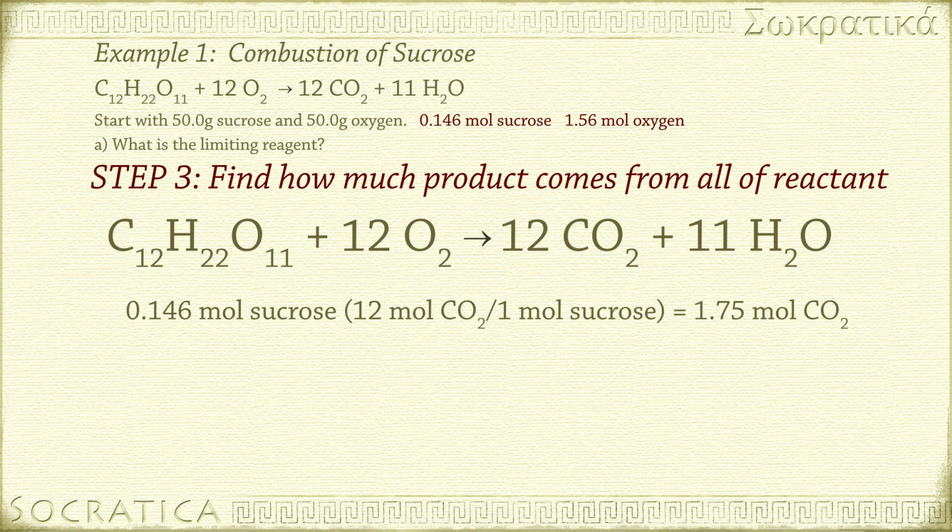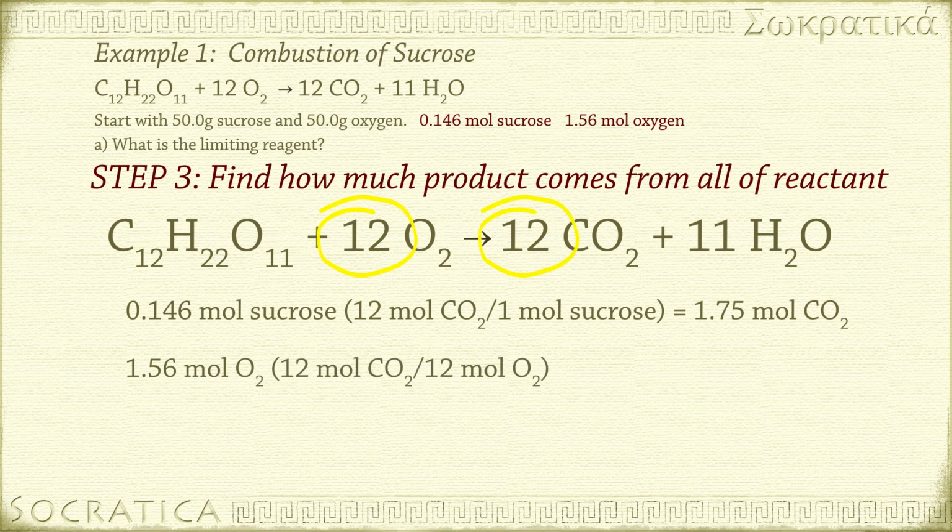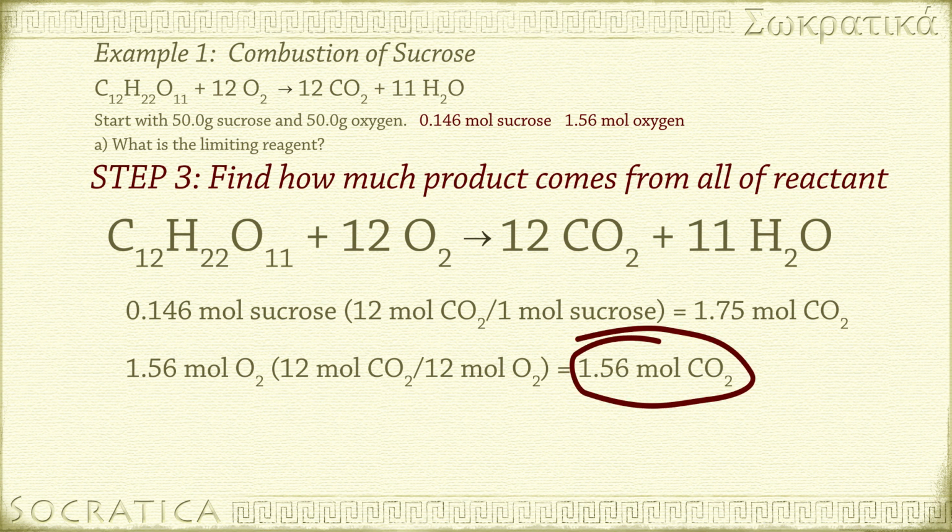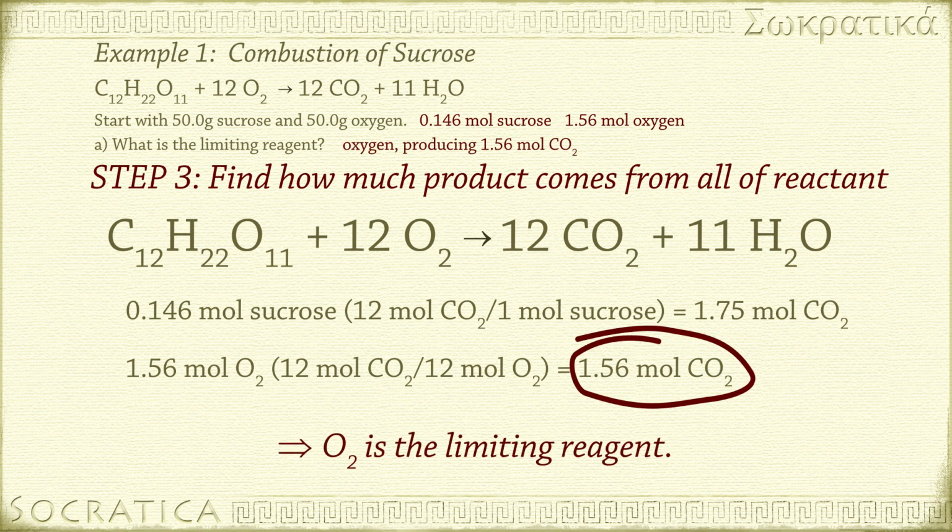Now we do the same thing for oxygen. 1.56 moles of oxygen times 12 moles of CO2 for every 12 moles of O2 equals 1.56 moles of CO2. If all the oxygen reacted, it would produce 1.56 moles of CO2. The 50 grams of oxygen produced less CO2 than the 50 grams of sucrose, so oxygen is the limiting reagent.